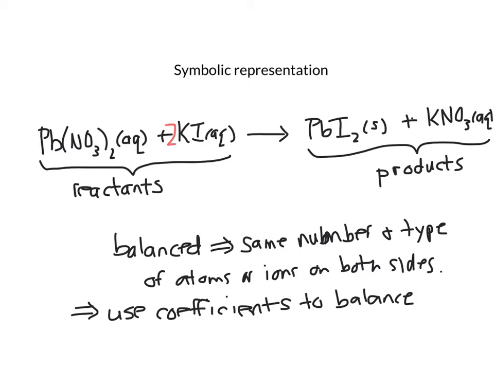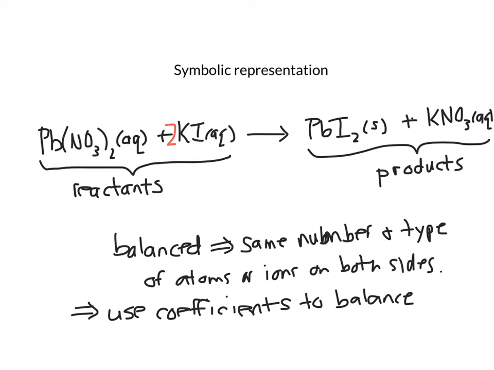potassium iodides. That would give me two iodides on this side, because I have two of these and each one has one iodide, so now I have two iodides on this side. And I have two iodides on this side because every lead iodide gives me two iodides. But now I have two potassiums over here and only one over here.